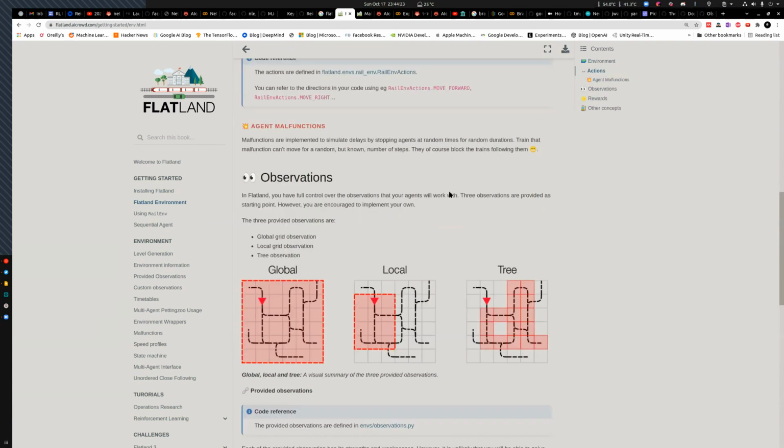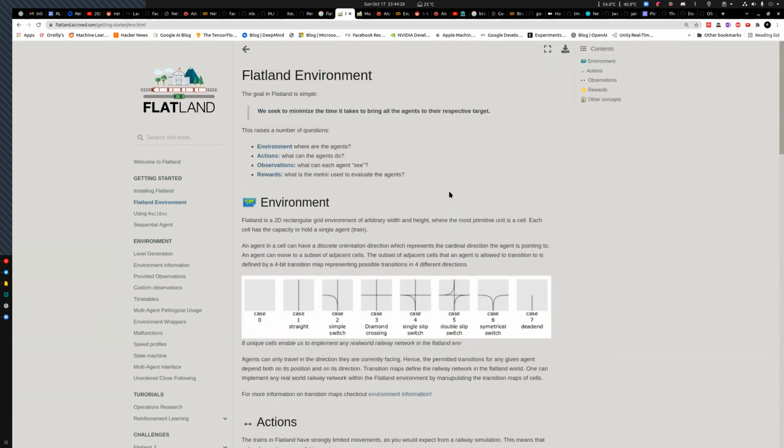As you can see, this is the environment, and we have 8 cases of the environment in which the vehicles or trains can move: straight, simple switch, diamond crossing, single slip switch, and so on. These are the 8 unique cells that help us implement any real world railway network in the Flatland environment.